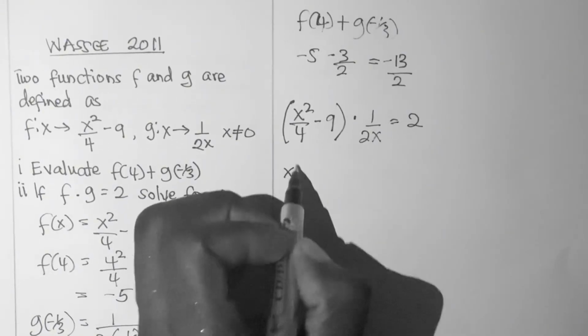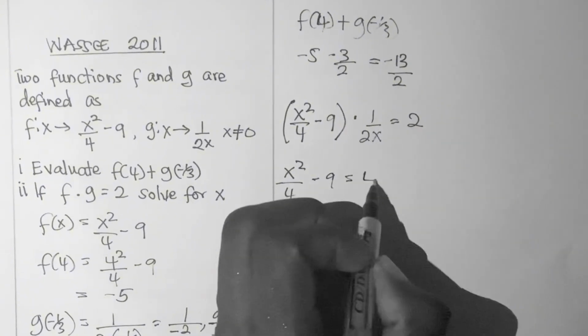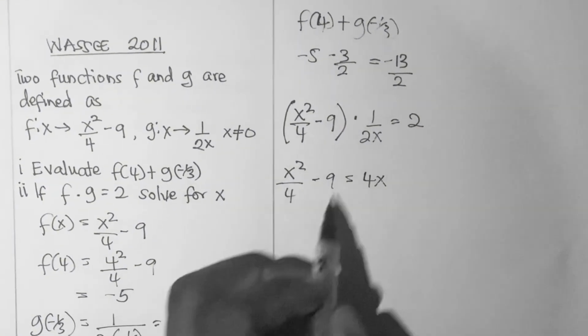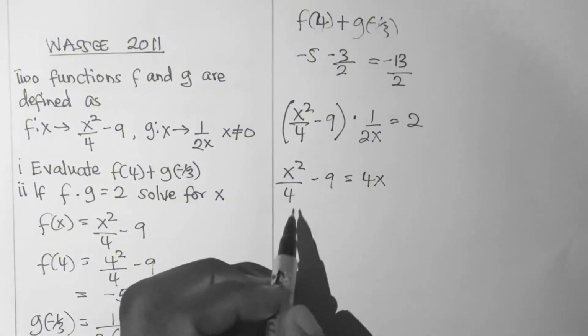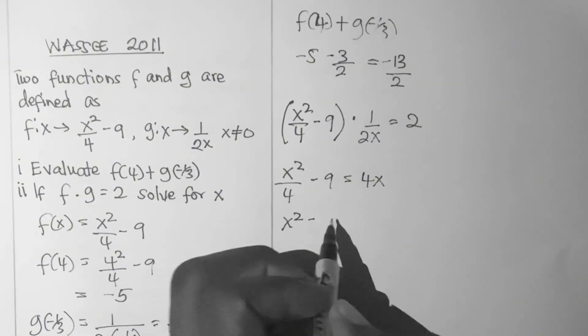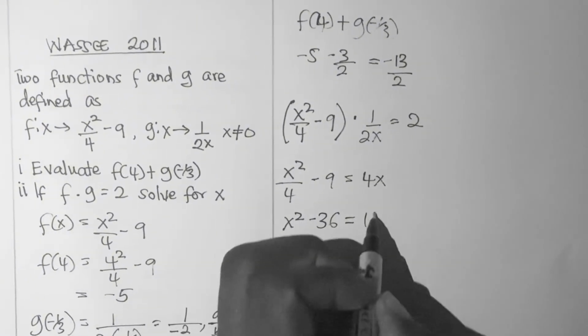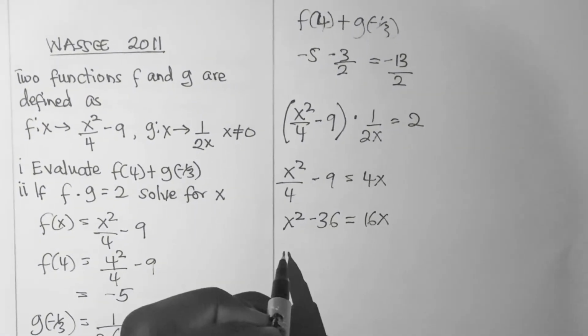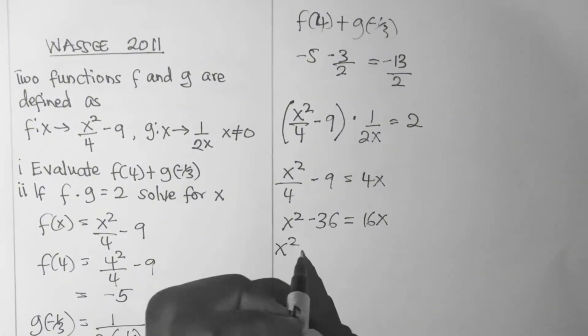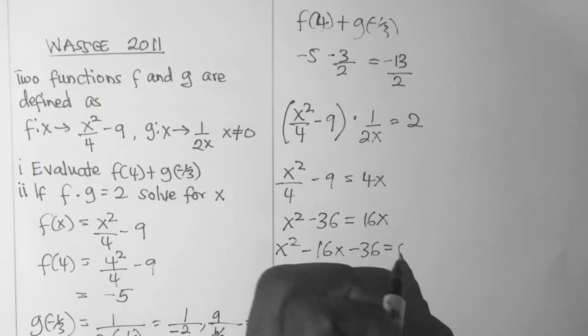We'll be left with x squared over 4 minus 9 equals 2 times 2x, which is 4x. Now let's multiply through by 4. So here becomes x squared, then minus 9 times 4 is minus 36, equals 4x times 4 is 16x. So this becomes x squared minus 16x, then minus 36 equals 0.